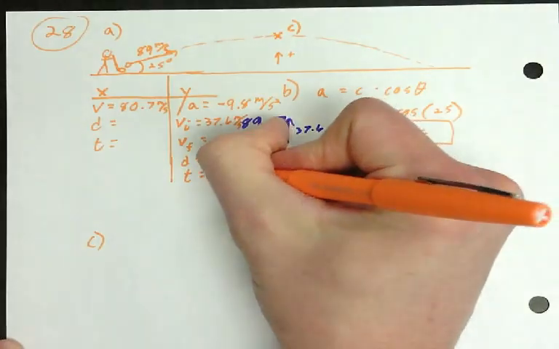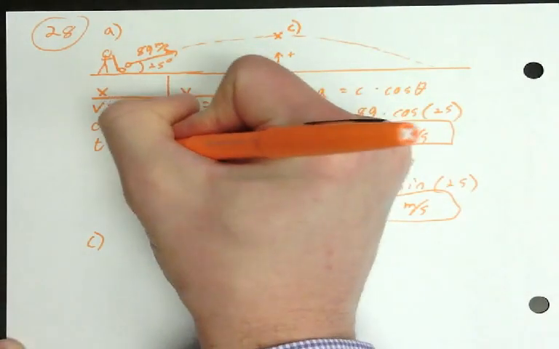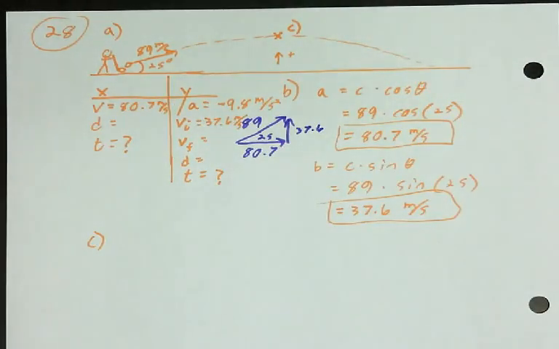I've got two t's. I've got t in the y column and t in the x column. What you need to do is figure out which column you want to use to solve for it. Do you want to use the y direction to solve, or the x direction? Look at what you're given. Look at what you know. I'll give you a hint: there's something you're going to have to assume.